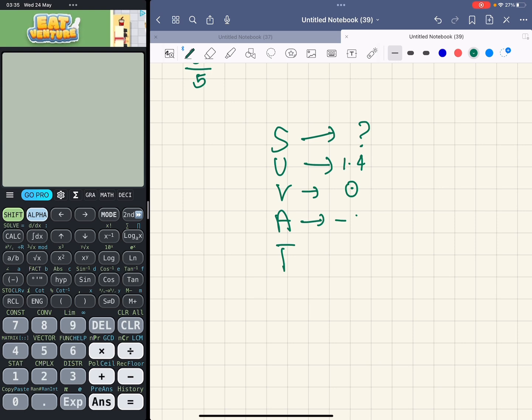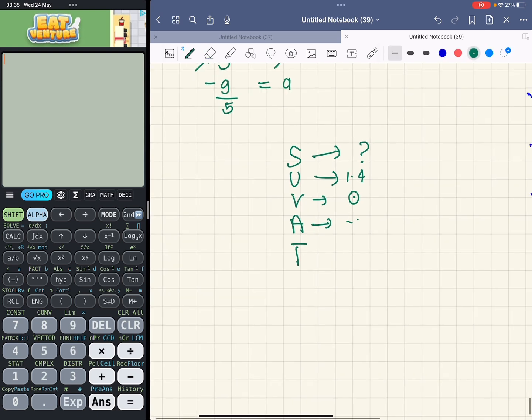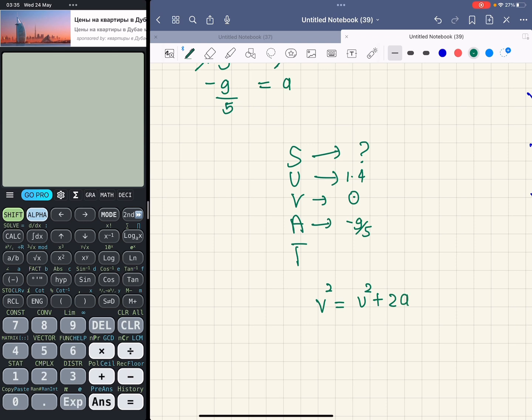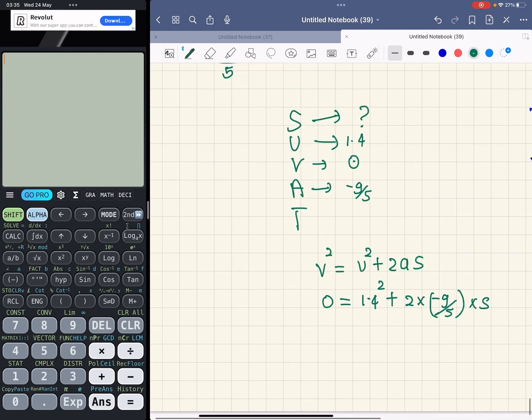Acceleration, we just calculated, is minus g over 5. So v squared is equal to u squared plus 2as. v squared is 0, u squared is 1.4 squared, plus 2 times a, which is minus g over 5, and s is unknown. So 2gs over 5 is equal to 1.4 squared, and s is equal to 1.4 squared times 5 divided by 2g.